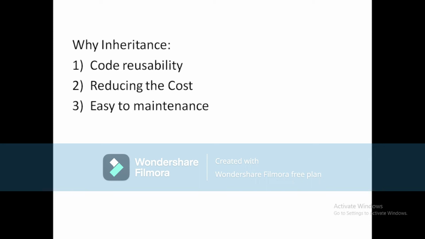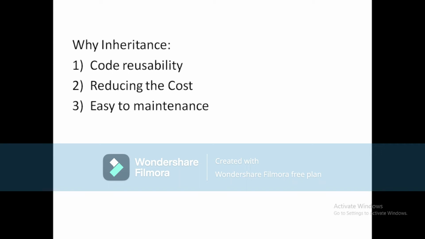In future, if I want to give support to ICICI, then I'll create an ICICI class and extend the account class with ICICI. That means I reused that account class. So we can achieve reusability with inheritance, and due to the reusability, the cost of the project will reduce.